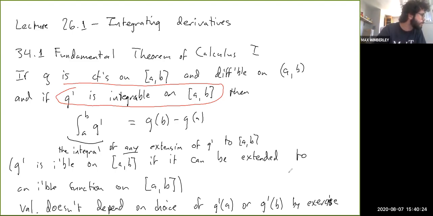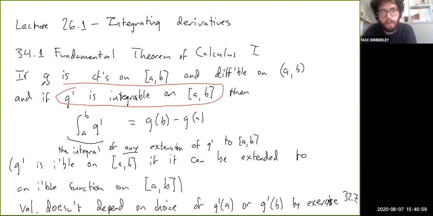I think it's exercise 32.7. Definitely make sure you understand this, but in the discussions we've covered that idea pretty thoroughly. So that's just this little technical detail about what it means to say G prime is integrable on the closed interval [A, B].